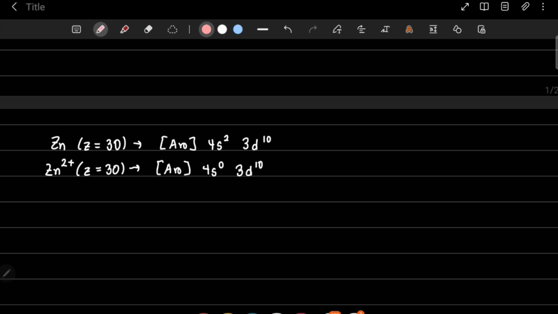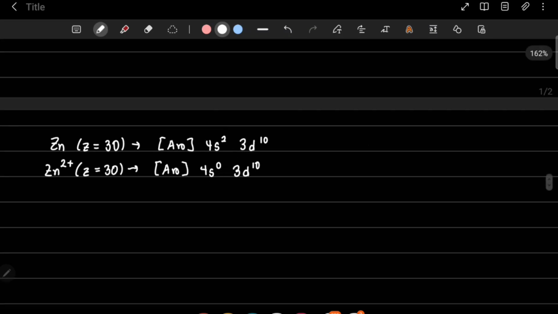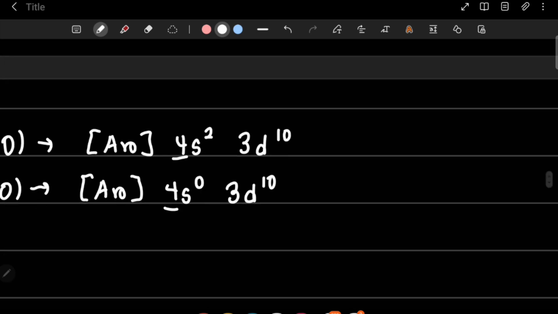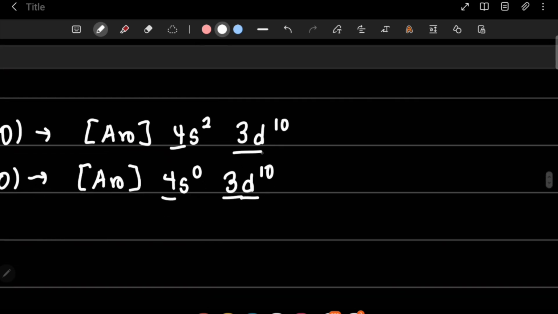Now you might have a question on why the electrons are being lost from 4s instead of from 3d. Although 3d is a higher energy subshell, 4s is the outermost subshell. 4s is on the fourth quantum shell, while 3d is in the third quantum shell.